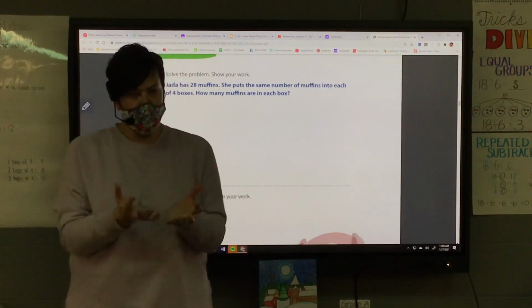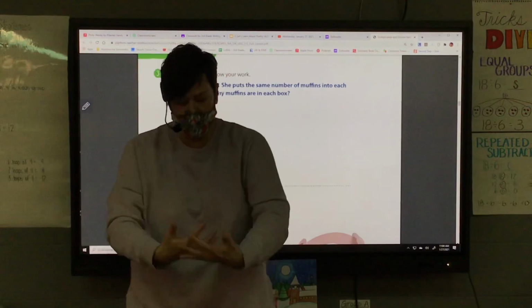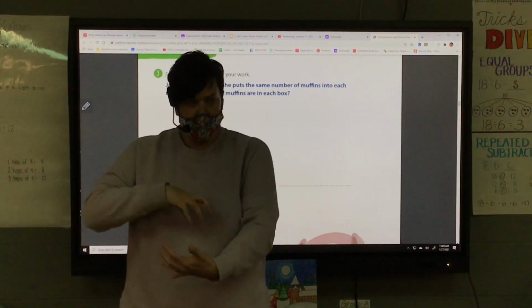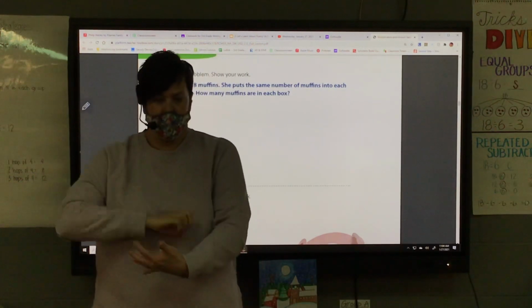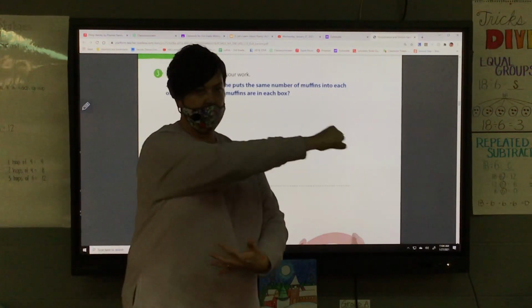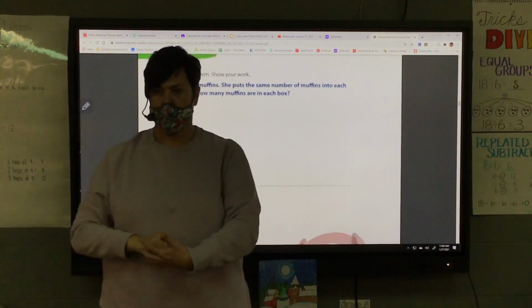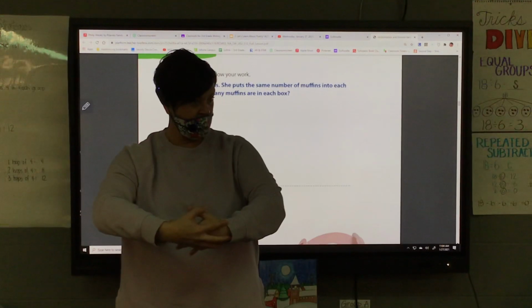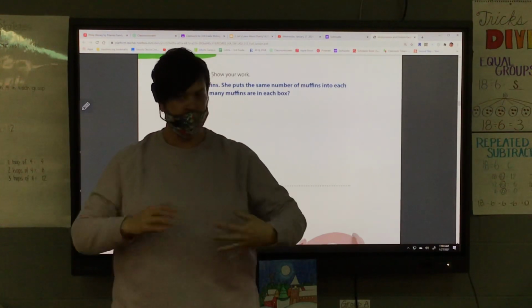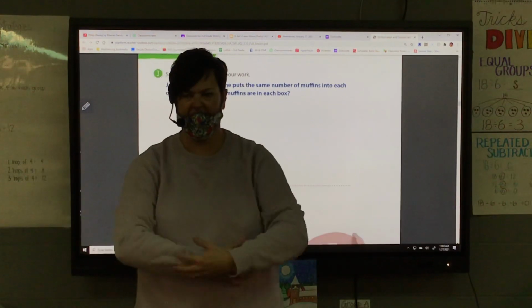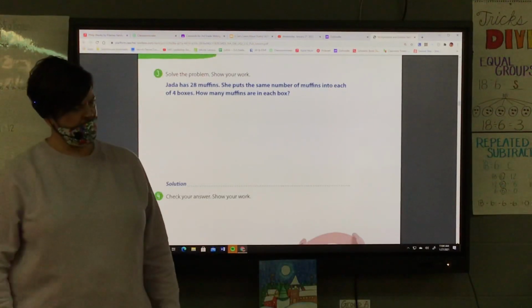If she starts with 28, act like you have 28 muffins, and she starts putting those muffins into 4 boxes. What is she doing? Is she breaking that apart, or is she putting that 28 and 4 together?